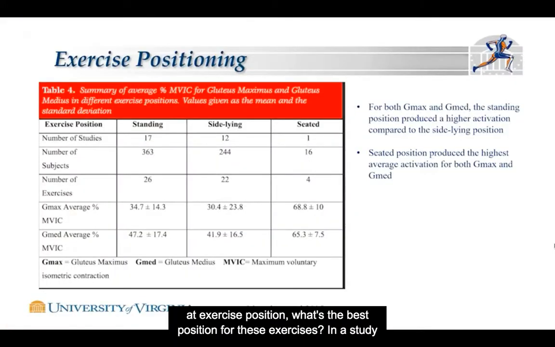If we look at exercise positioning, what's the best position for these exercises? In a study that was done, you can look at standing, sideline, seated, and where most of the EMG activity was given from these individuals. In a study by McAdam, they found that both glute max and glute med in the standing position produced a higher activation compared to the sideline position.